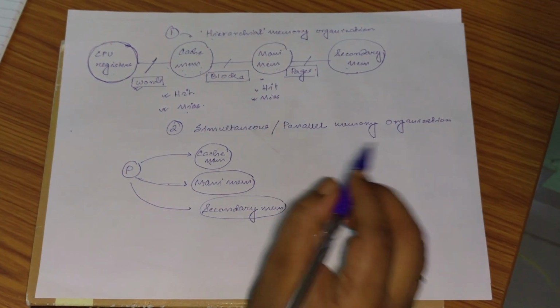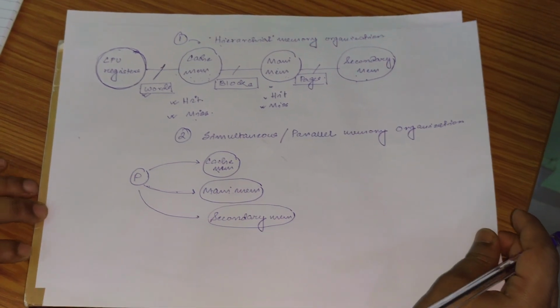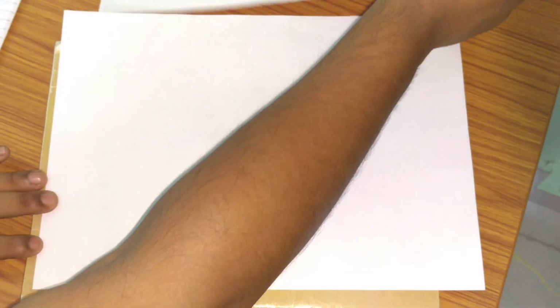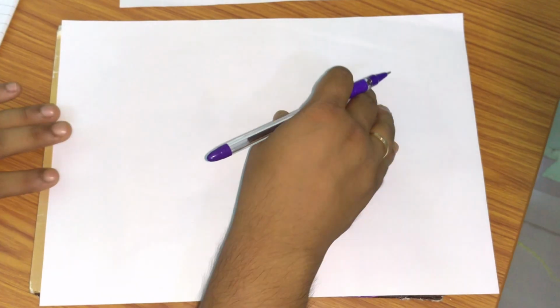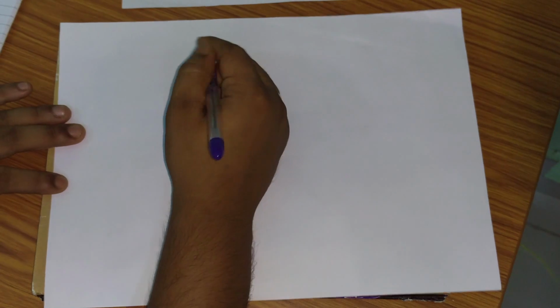Now, in many textbooks, we can see that this memory hierarchy is represented as a pyramid. I will draw the pyramid for you.